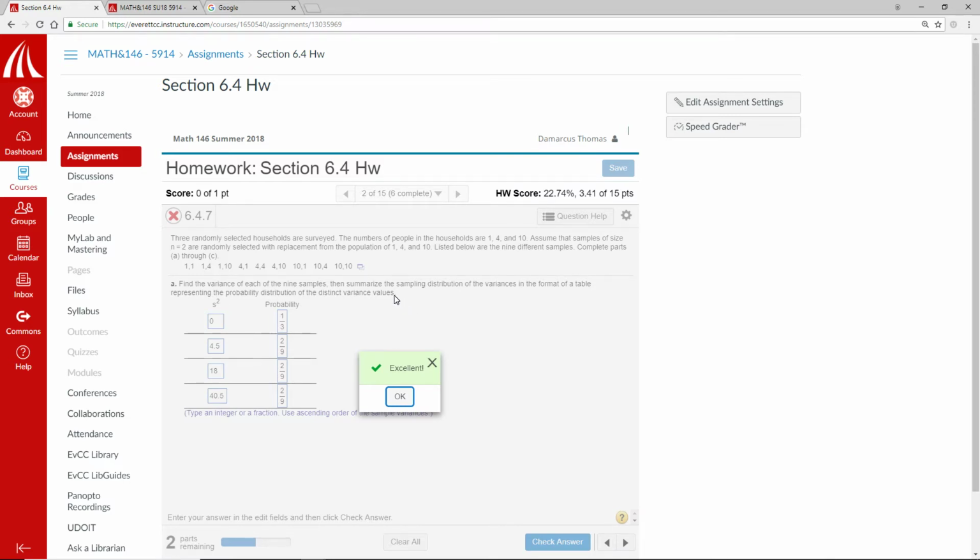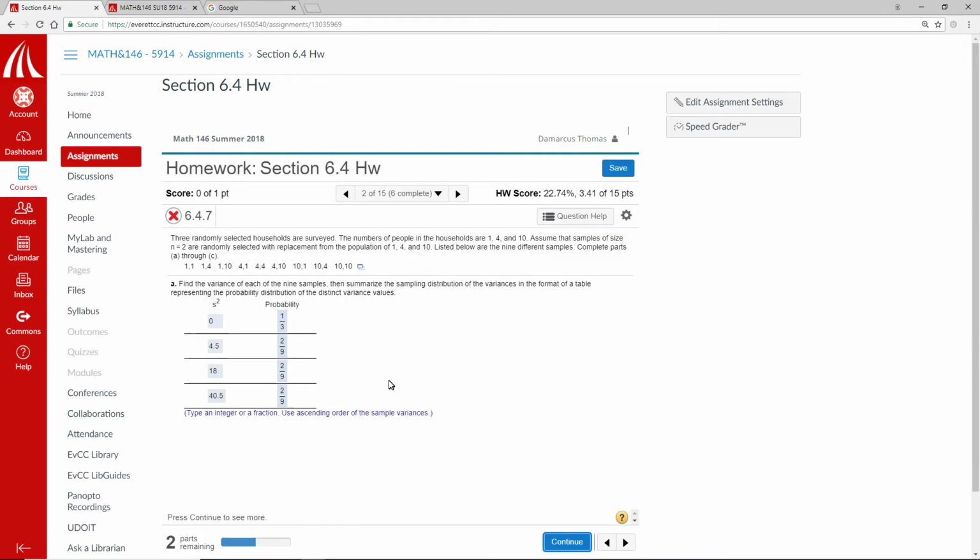When I try to find the variance for each, it kind of skips around. Hey, I'd love to see you do it if you were using one-var stats. One-var stats doesn't give the variance. That's the one thing it cannot do.